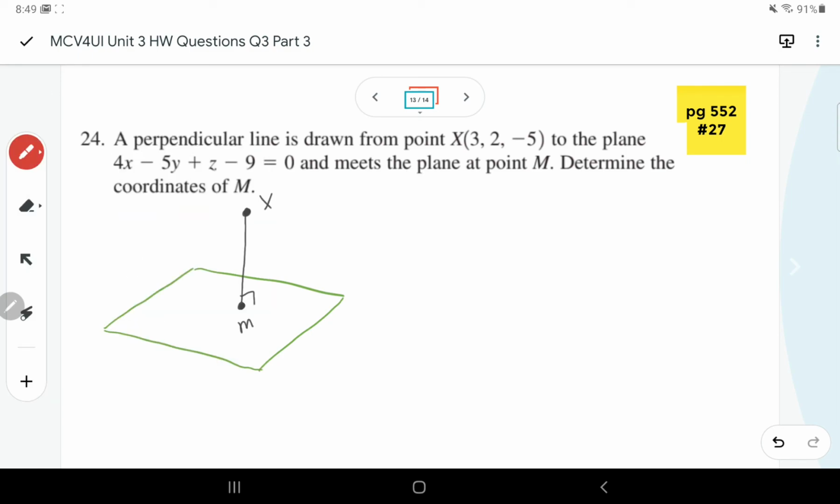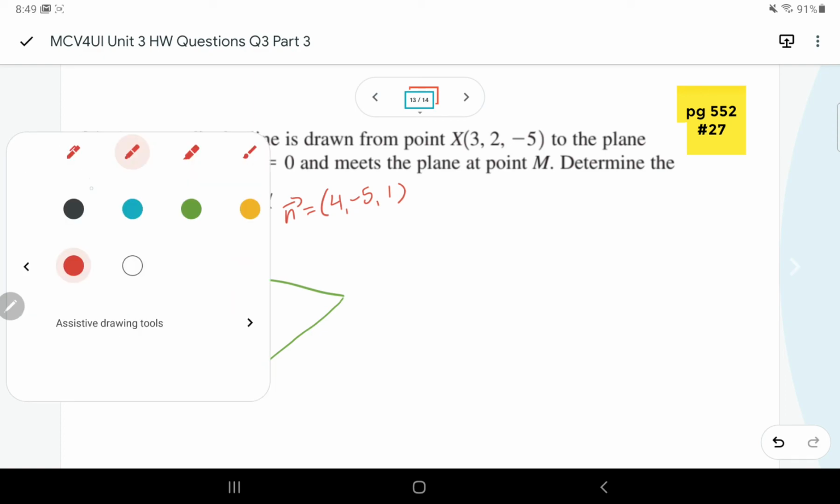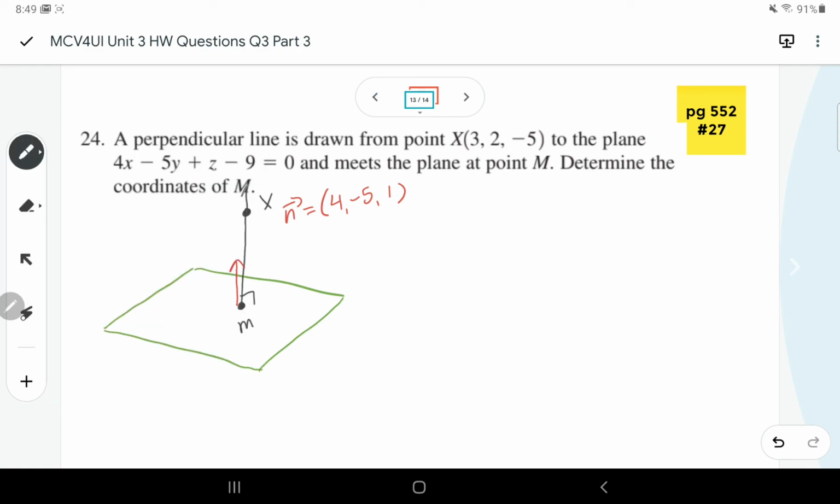So when I have the equation of a plane in Cartesian form, we all know that that gives the normal. So the normal to this plane is 4, negative 5, 1. I drew this as a line segment, but let's say that line could keep going forever.